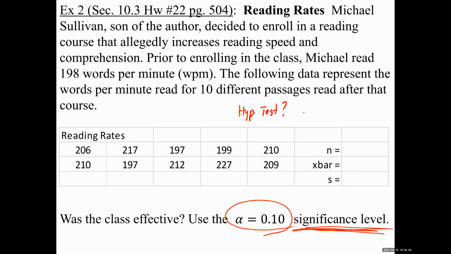Sometimes the problem says perform a hypothesis test or do a test, or they might use the word claim, test this person's claim. Those are other helpful words to recognize a hypothesis problem. It's definitely a hypothesis test problem.